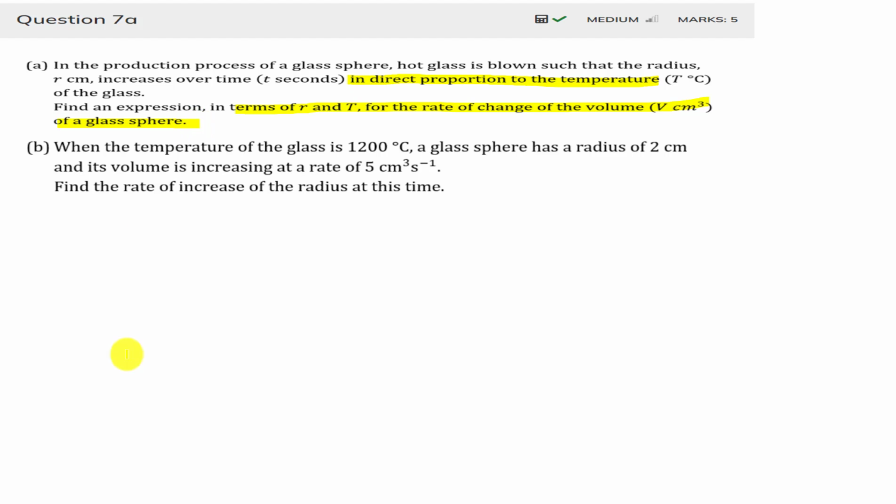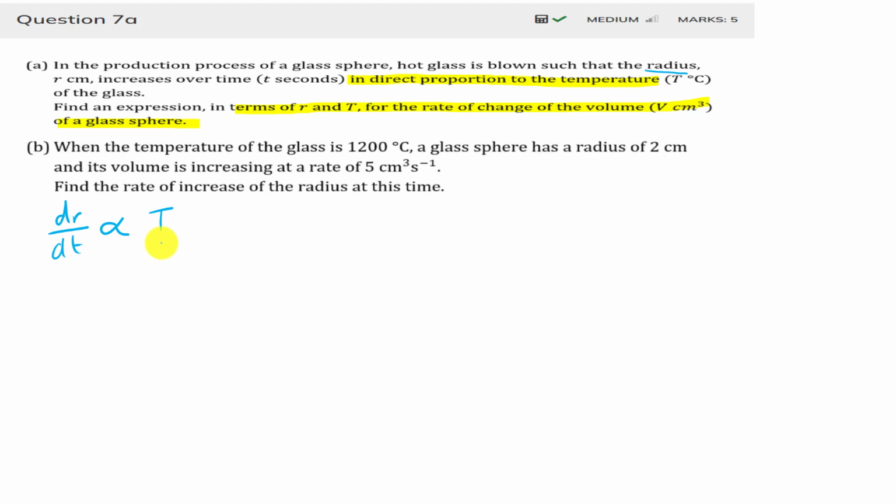Hopefully you remember from GCSE. This question is saying that the radius in relation to time is in proportion to the temperature, right? So if we remember this symbol, that is in direct proportion to T.